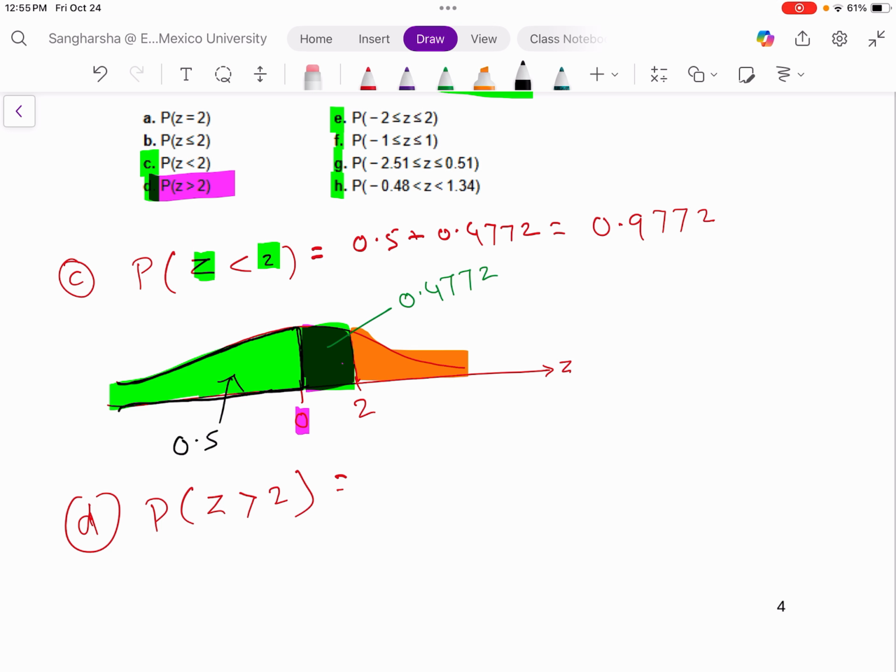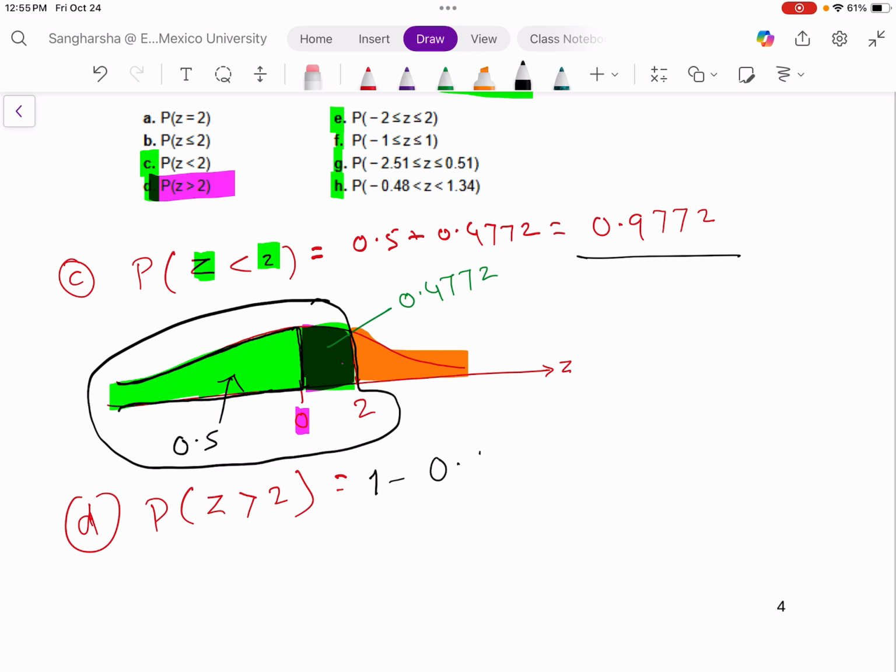The total area under this curve is 1, and if we subtract this portion from the graph, we get the area for the right part. So the total area 1 minus 0.9772 equals 0.0228. Or you can just use a very similar method as we did for part C.